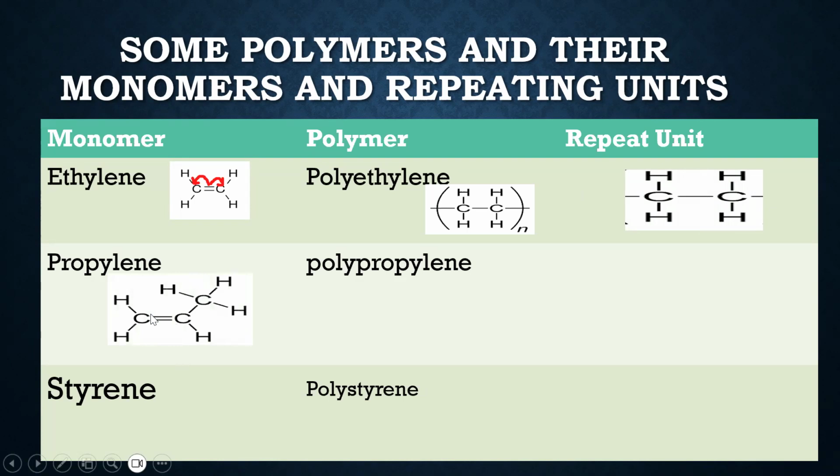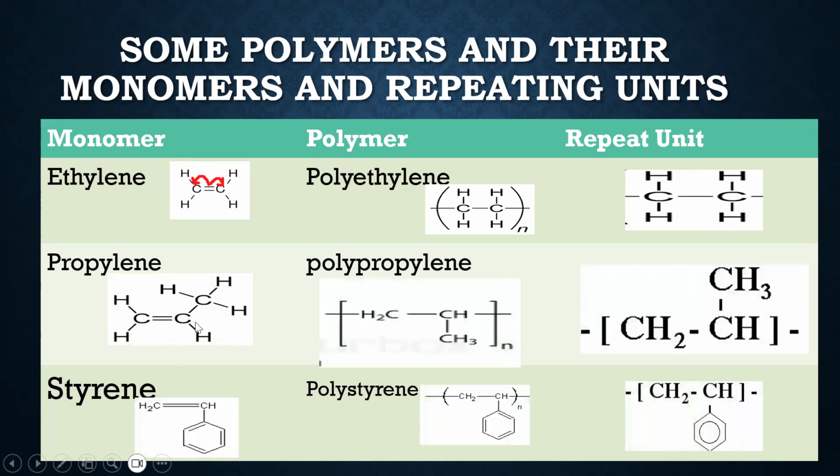Propylene, another example of a polymer. Okay. And it can form a branched polymer.